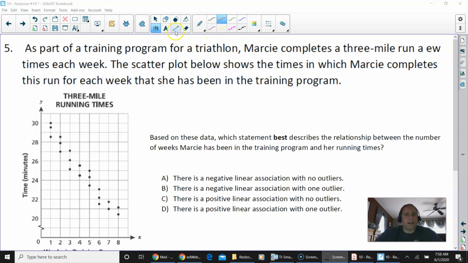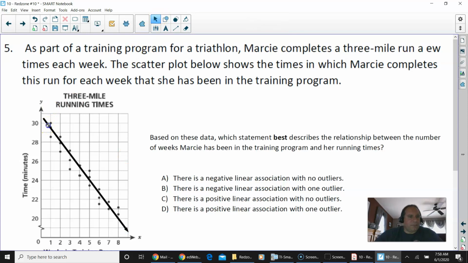So the first thing I always do is to draw my line of best fit. So draw your line of best fit right now. Trying to go through the center of all my points. I'm just going to move that just a little bit down, a little bit like that. So you have your line of best fit. Please pick your answer. We'll give you a little bit of time.